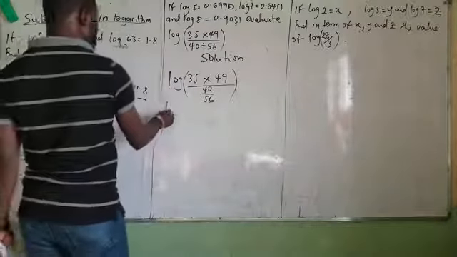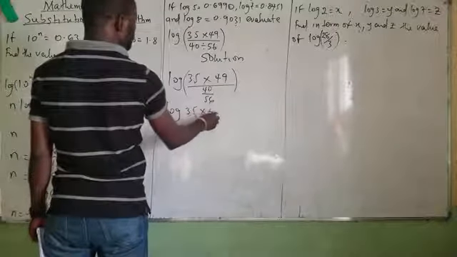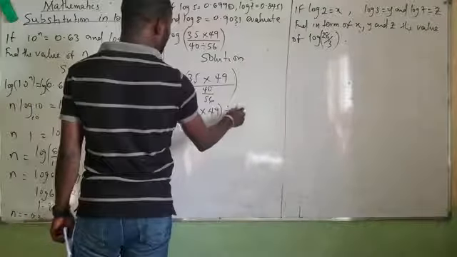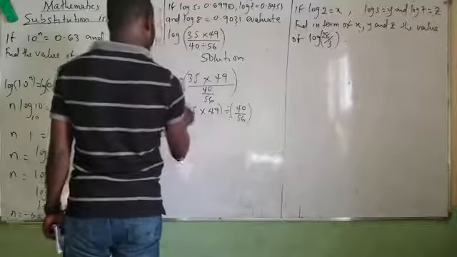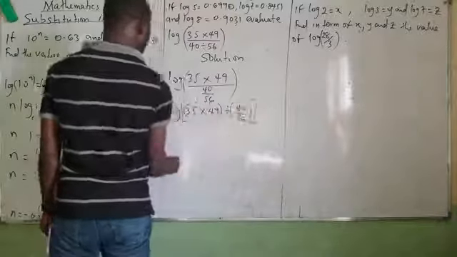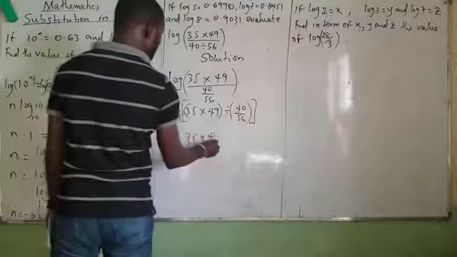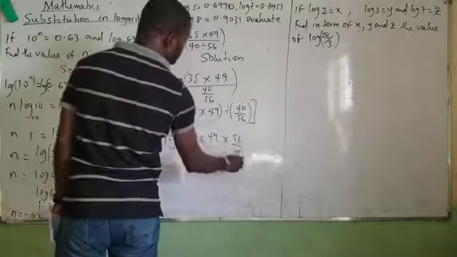Now I can turn this into log 35 multiplied by 49. I can put brackets divided by 40 over what? Now there won't be any problem. Now log 35 multiplied by 5 multiplied by 56 over 40.